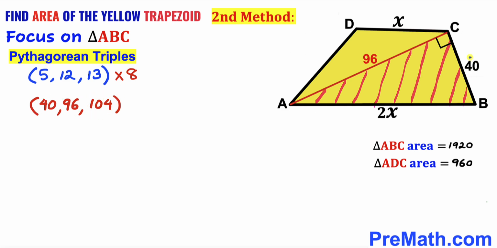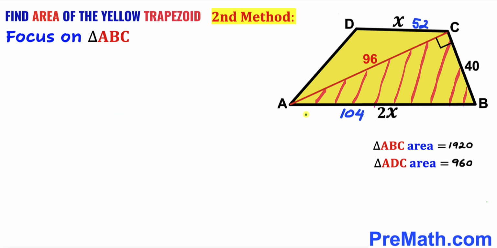And here these two sides are 40 and 96, so therefore this hypotenuse is going to be 104 units. So therefore our length AB turns out to be 104, and this length CD is x, half of that one, so therefore this length is going to be half of 104, that is going to be 52.